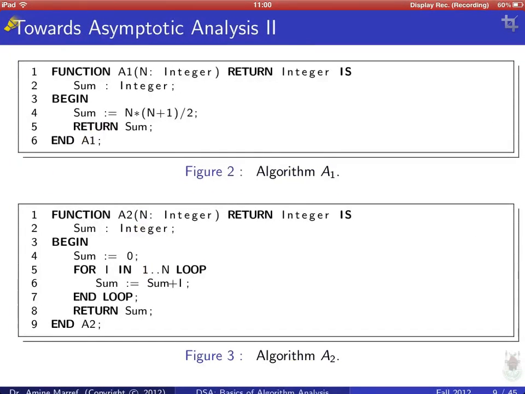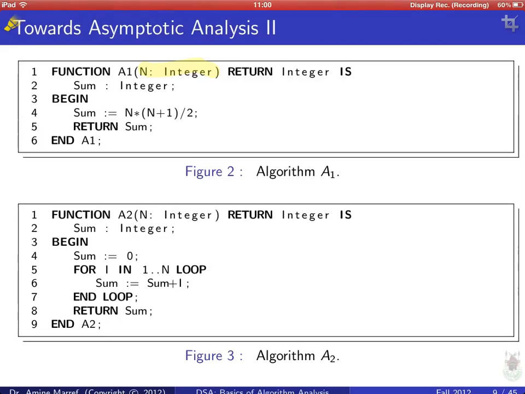Now, when we say execution time, we really mean the number of steps. In the first algorithm, the top one, when we execute it, think of yourself as a CPU.